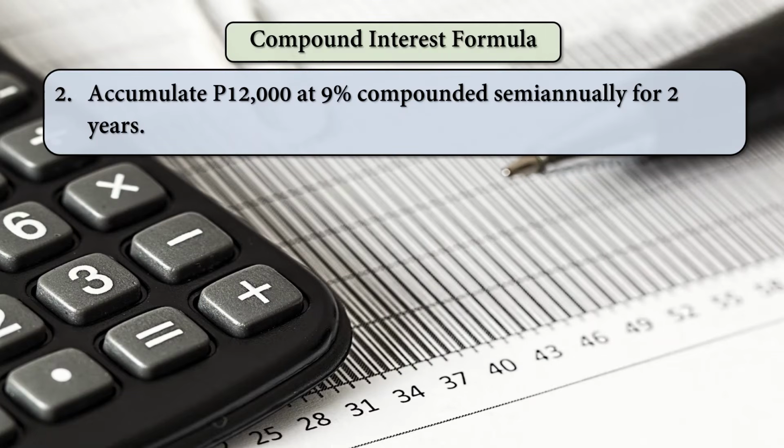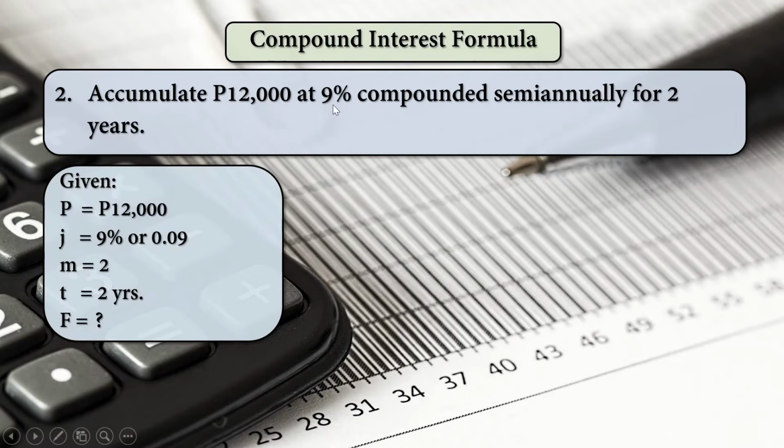Next example, accumulate 12,000 pesos at 9% compounded semi-annually for 2 years. When we say accumulate, meaning we have to find for the value of F given the value of P or the present value. j is equal to 9% compounded semi-annually meaning m is equal to 2 for 2 years.